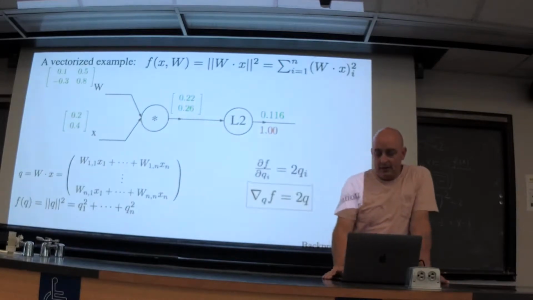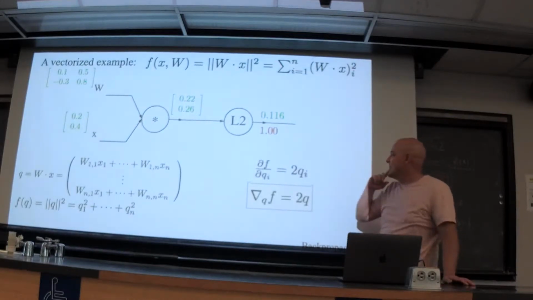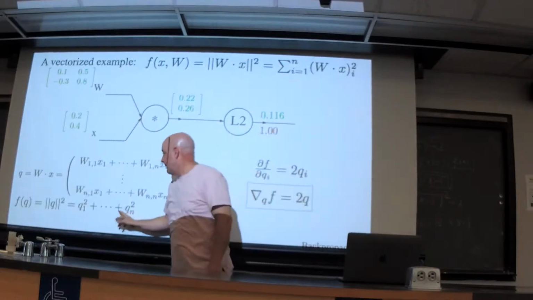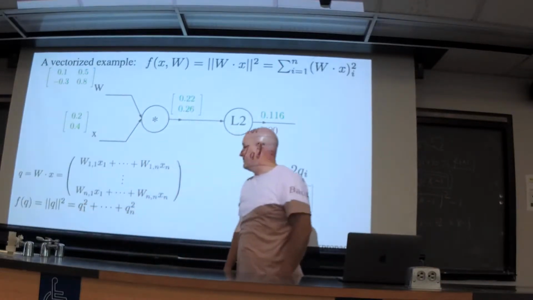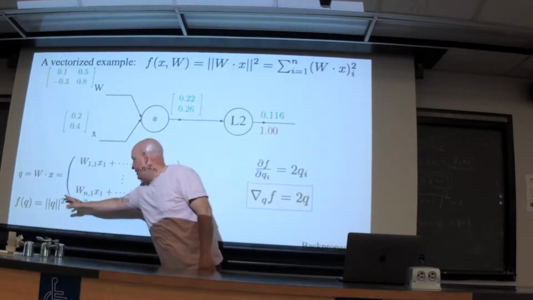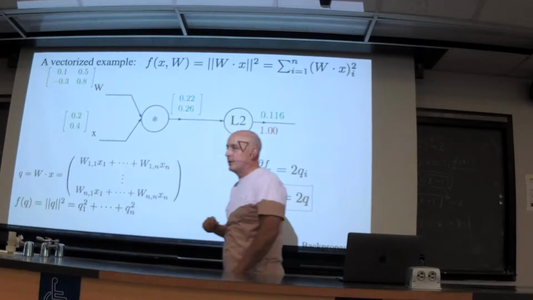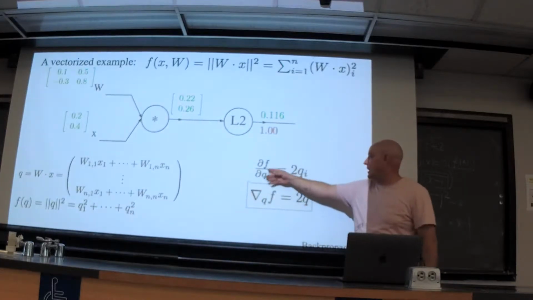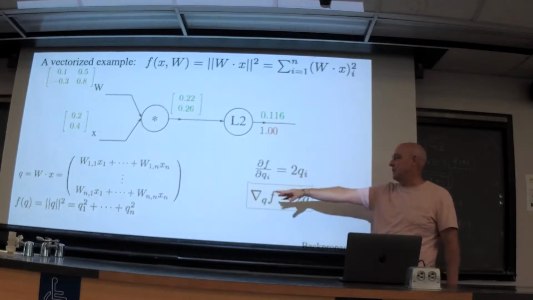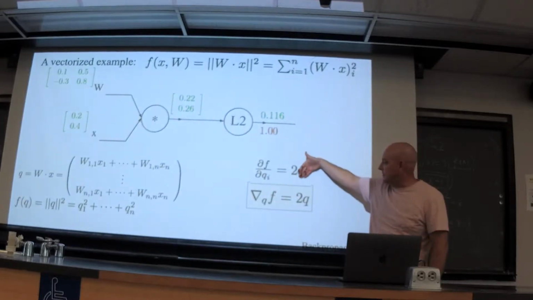So what we need is our gradients. If we look at this operation right here, we're going to want to compute the partials of f with respect to each of the inputs of q, right? And if we do that, we see these are all just quadratic terms with respect to each q. That's an easy derivative to take.